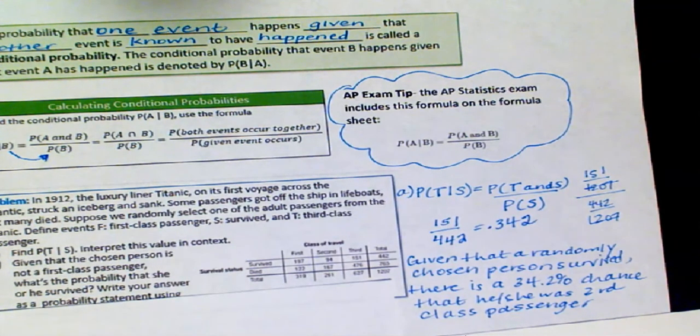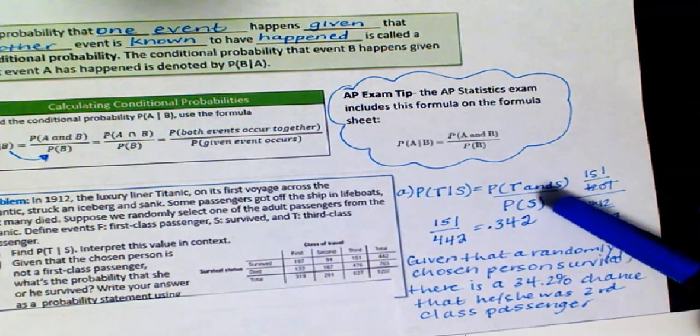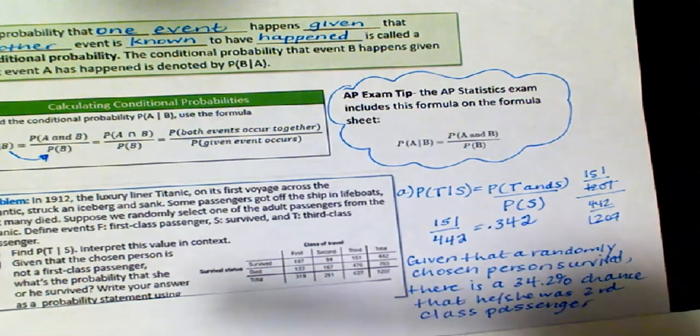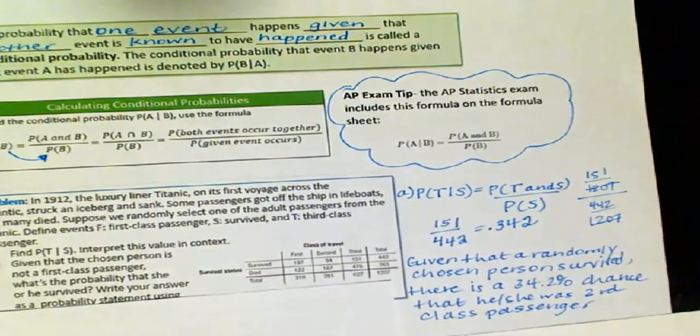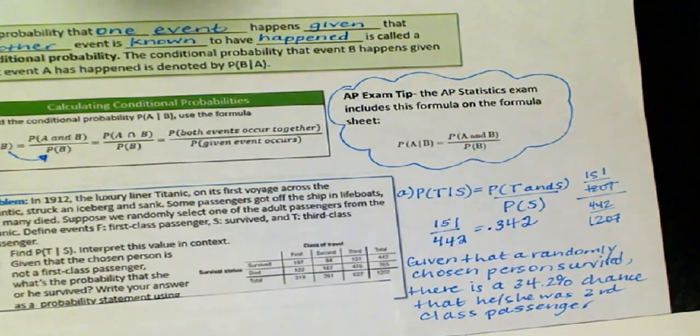So that's how you want to write that out. That would be our interpretation. If you're talking about all the people and you pick one person's name, given that they survived, there's a 34.2% chance that he or she was a third-class passenger.